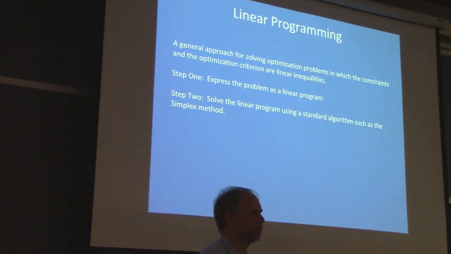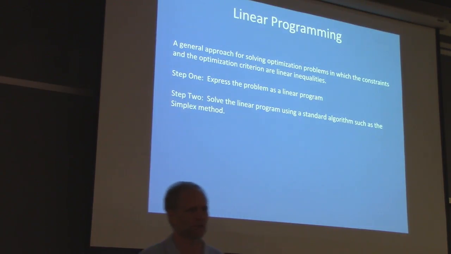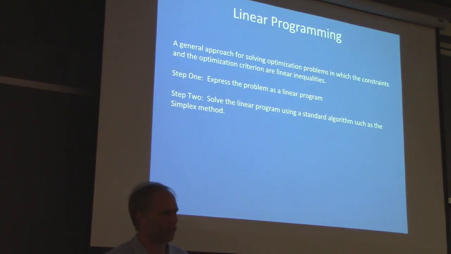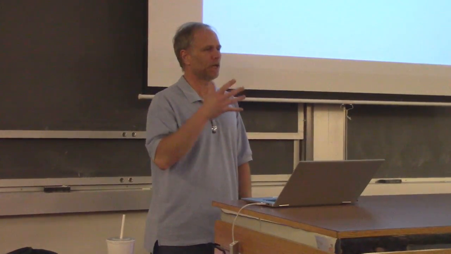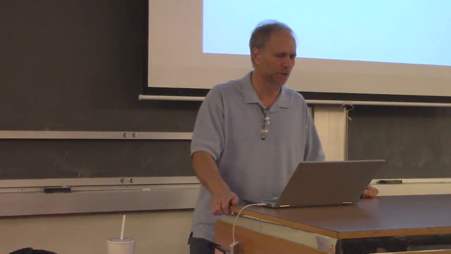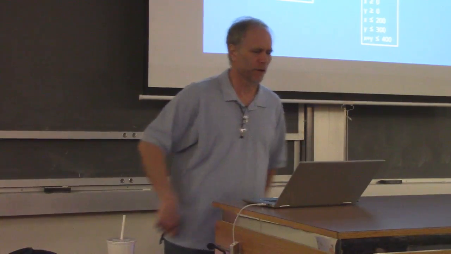It doesn't mean that the linear program will be just as efficient as a tuned algorithm. For example, we could express a shortest path problem as a linear program, but it doesn't mean that the linear program could be solved as efficiently as Dijkstra's algorithm would solve the problem. So it's mainly of theoretical interest.